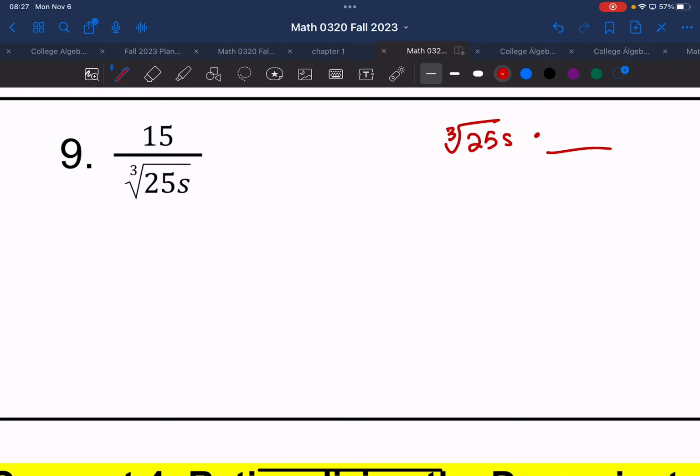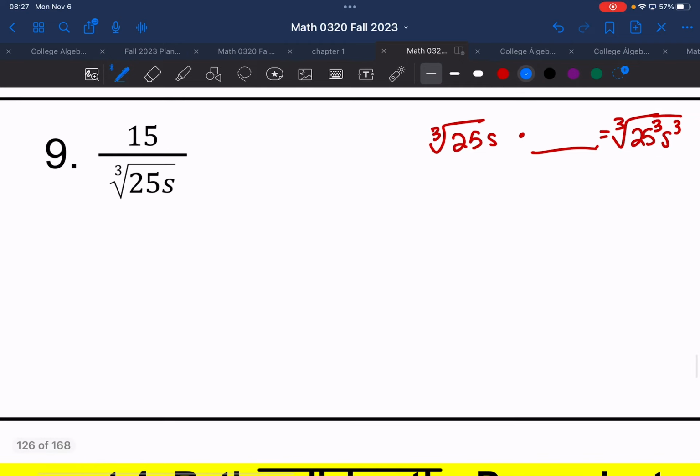We need to multiply it by something that's going to give us the cube root of 25 cubed s cubed. So we can cancel out those cube roots. What is that going to be? It's going to be the cube root of 25, how many exponents? Squared, and then s squared.